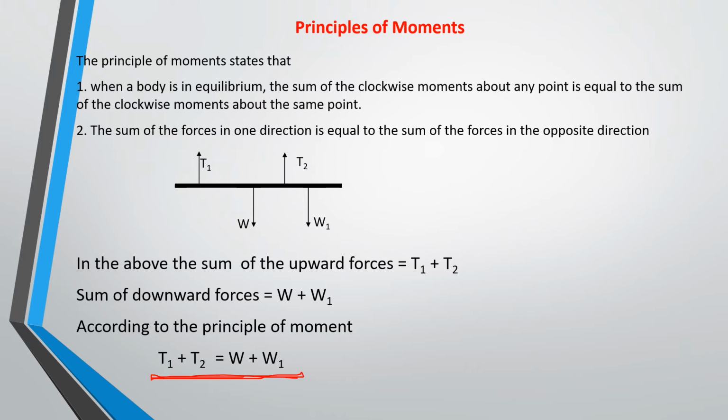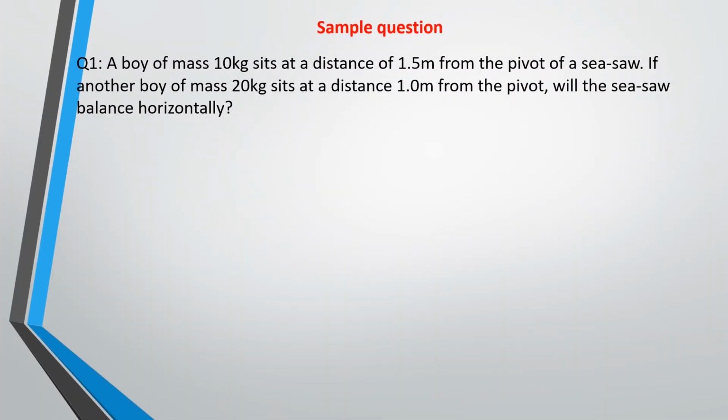Now let's try and solve some problems so that we'll not be talking without solving problems. All right, so this is a sample question that I want us to look at and then solve.